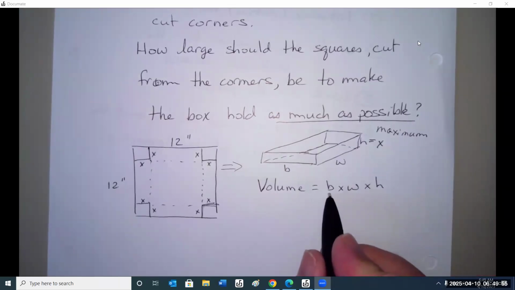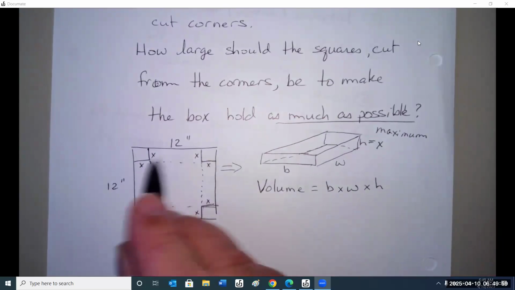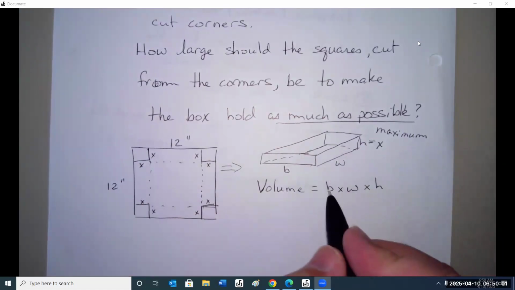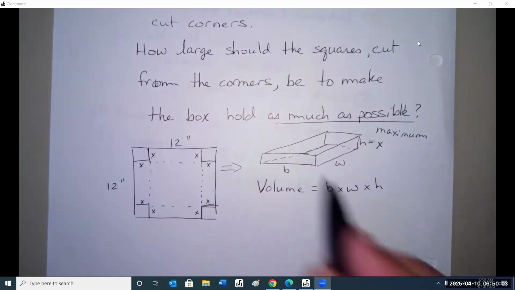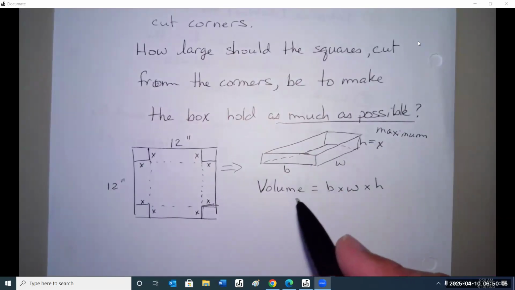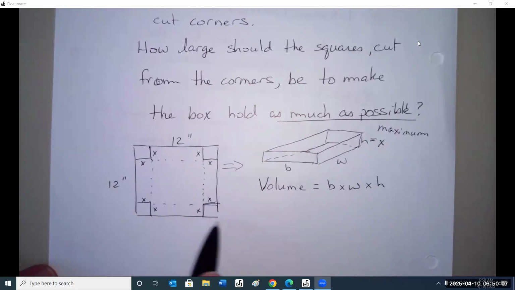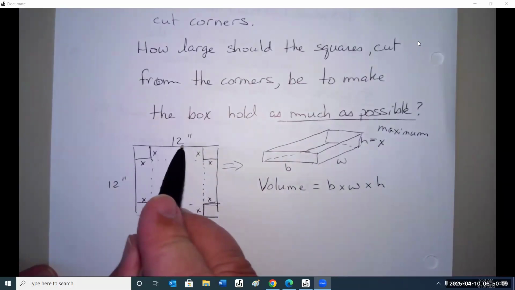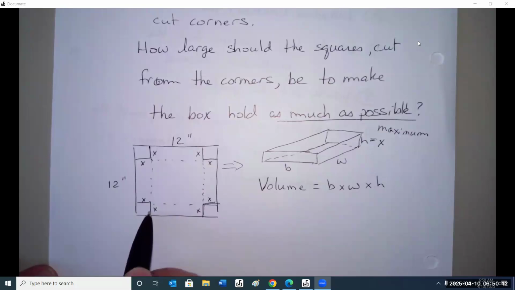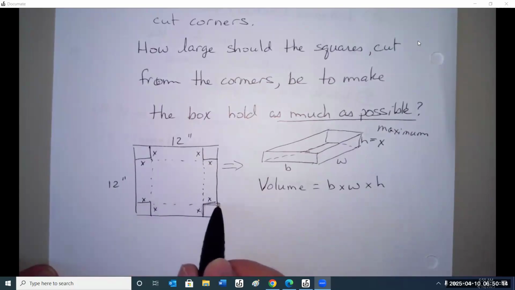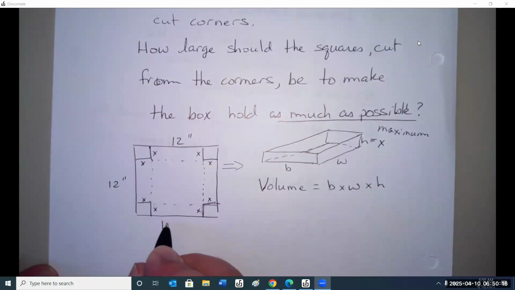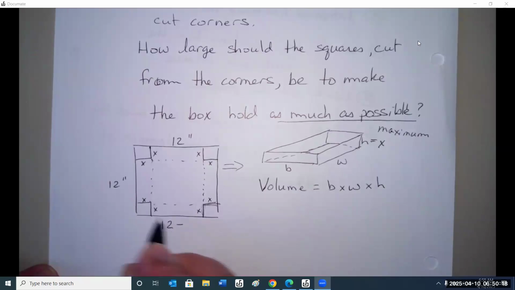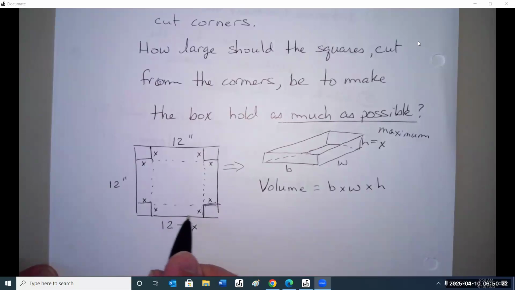Now we have to figure out what the base and the width are. Well, since it's a square, and these are all congruent squares, base and width have to be the same. It's going to be a square box. So how big is the side? Well, they're 12 inches, but we're cutting away this x and that x. So it's 12 inches, and you take away these two x's. So that's this length right here.